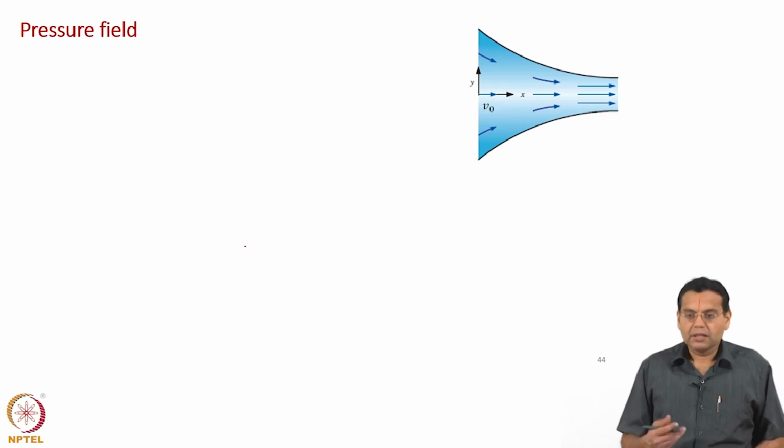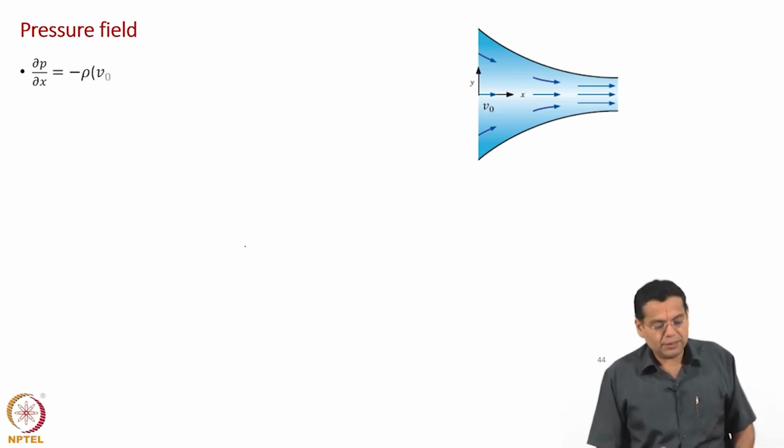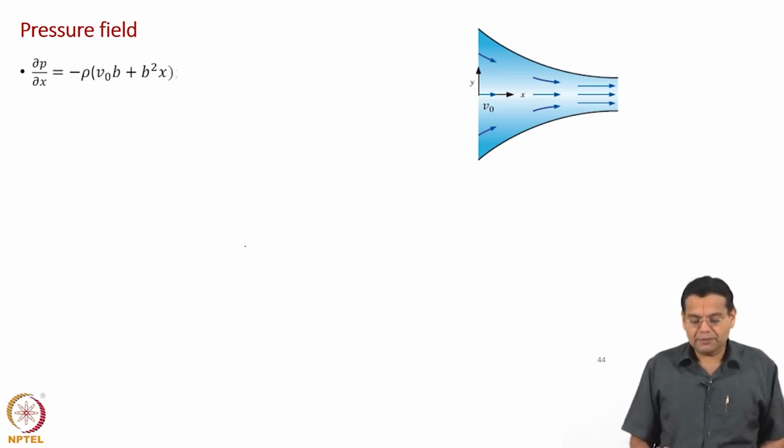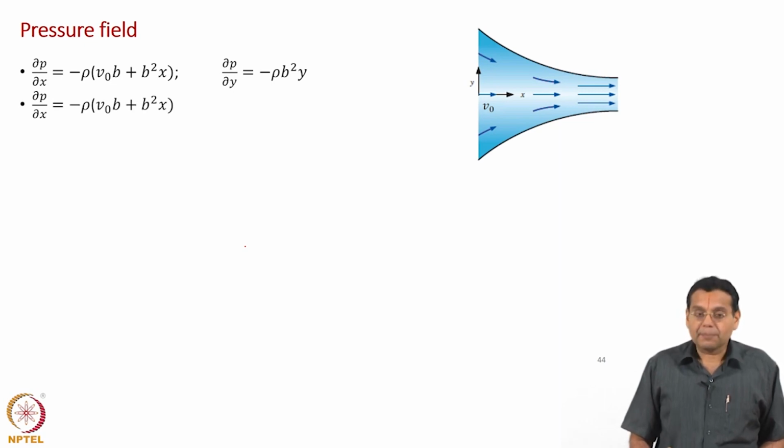Okay. Now, we will proceed towards finding out the pressure field. We will carry over the pressure gradients from the previous slide. Okay, how do we proceed? What we do is start with the pressure gradient in the x direction, dou p by dou x, and then we will partially integrate it.